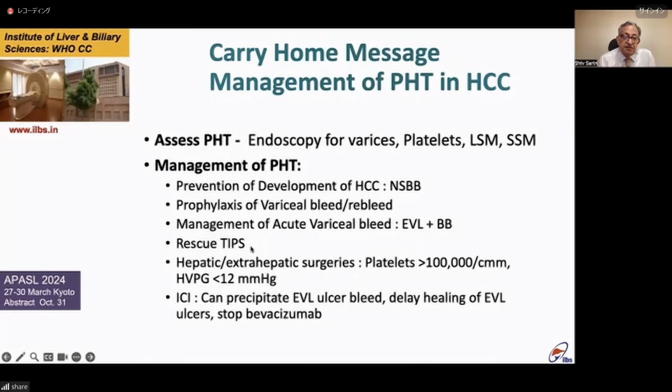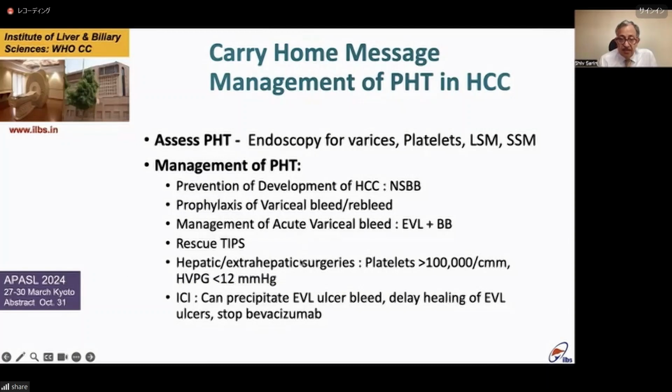A rescue TIPS for acute bleed can be done, and TIPS can also be done to prevent or treat ascites and rebleed. There is no risk of a spread of the tumor into other parts. In patients with HCC and portal hypertension, extrahepatic surgeries can be done if platelets are above 100,000 and HVPG is less than 12.